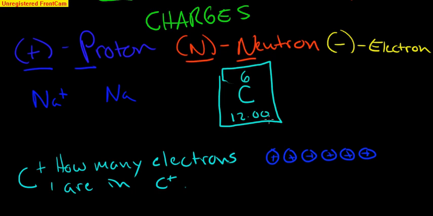And we're not so much worried about the weight, so we don't need to worry about the atomic mass. Well, first things first. Whenever you're trying to figure out a charge, I'm going to star this in pink. Whenever we're trying to figure out a charge on an ion, so we're trying to figure out the charge on carbon plus, draw out your protons, and then make protons equal electrons in the amount.